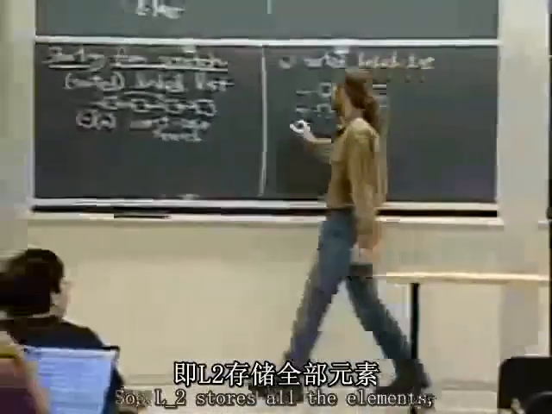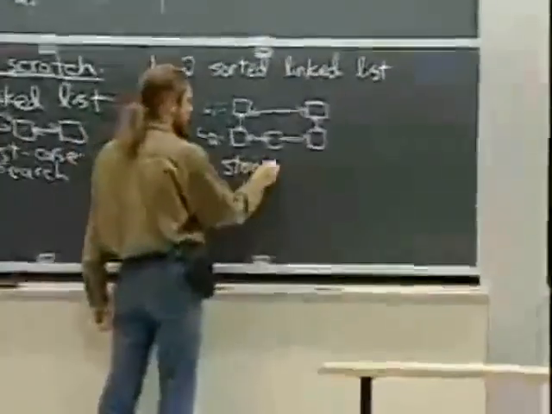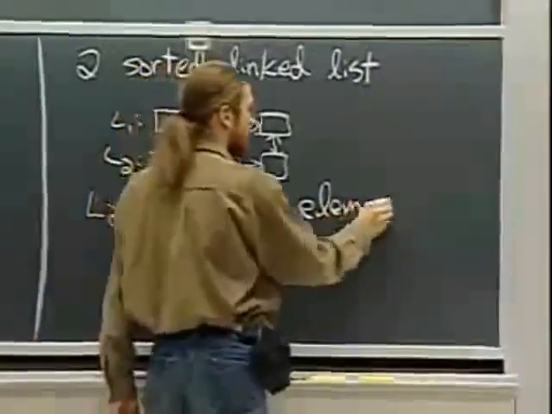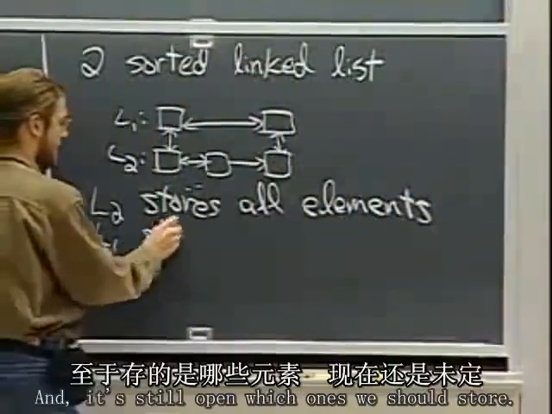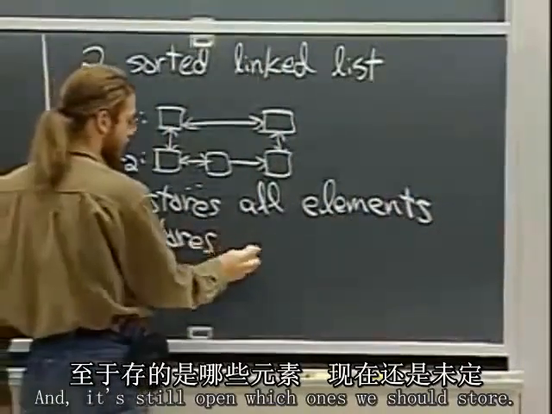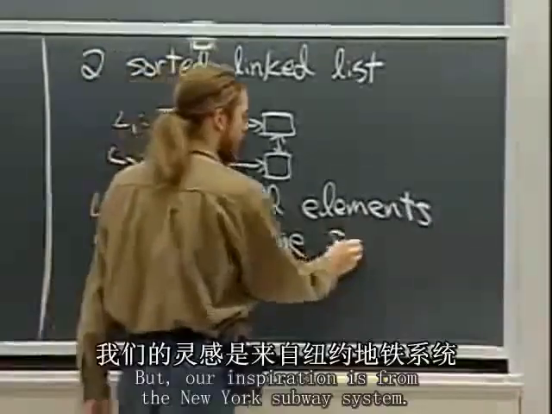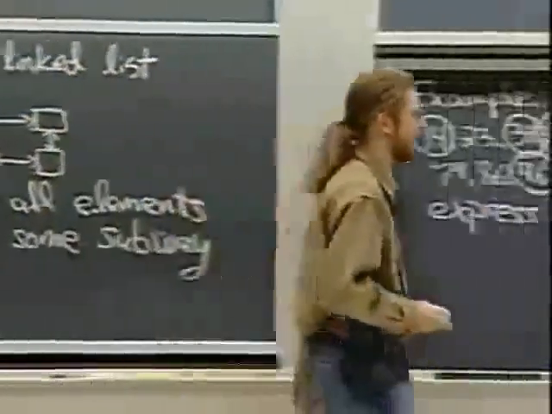So L2 stores all the elements. And L1 stores some subset. And it's still open which ones we should store. That's the one thing we need to think about. But our inspiration is from the New York subway system.